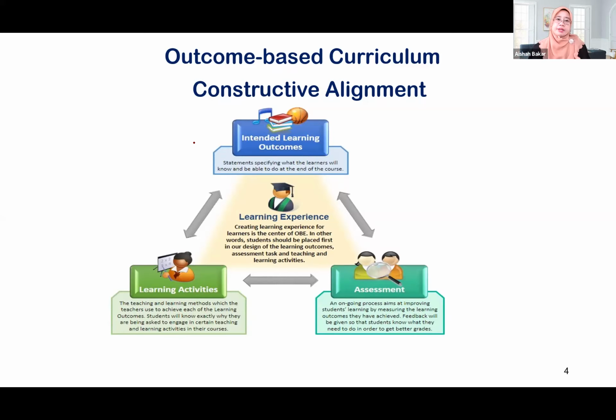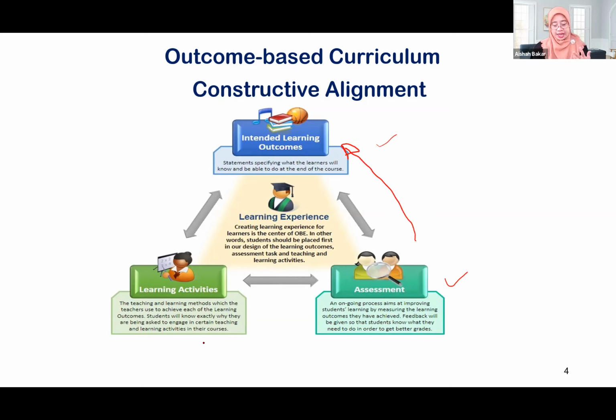Just a quick recap, and I'm sure Atika has mentioned that it has been covered before, what constructive alignment is all about. Constructive alignment is about stating clear, measurable learning outcomes. That is the first one, followed by choosing appropriate assessment methods that can measure the learning outcome that we have stated.